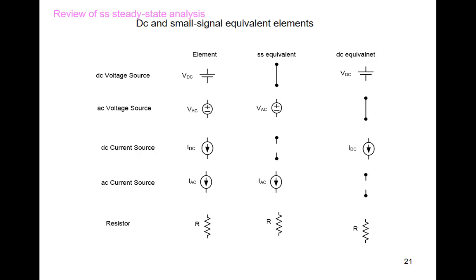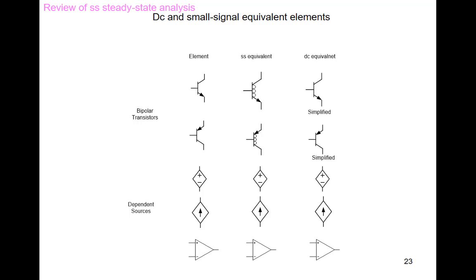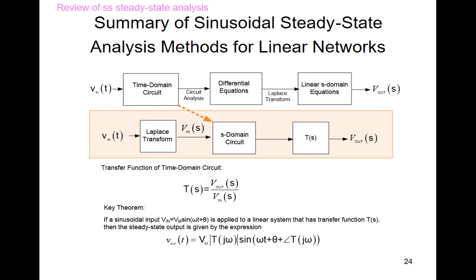And from 330, we talked about, we're doing a small signal analysis, how we map all of our elements to a linear small signal element, our resistors, our capacitors, our dependent sources, and our active devices, and so forth. If we're interested in the input and the output, then we have a linearized circuit.